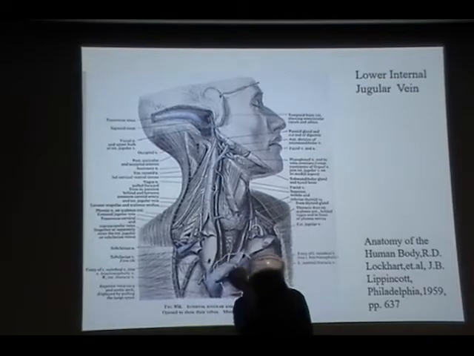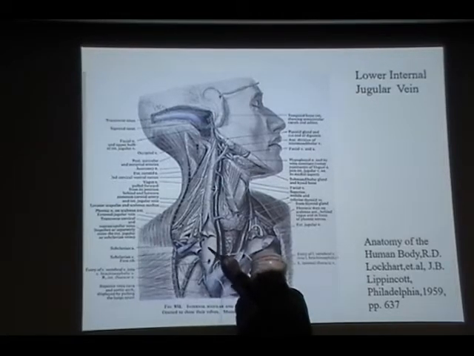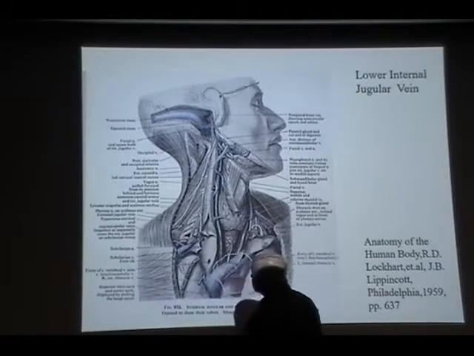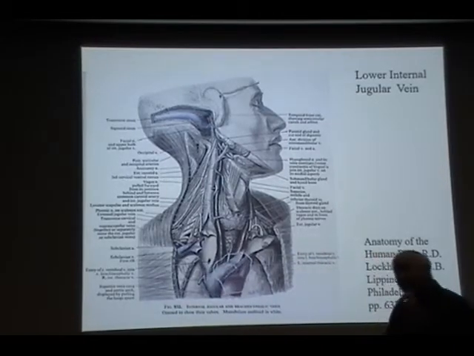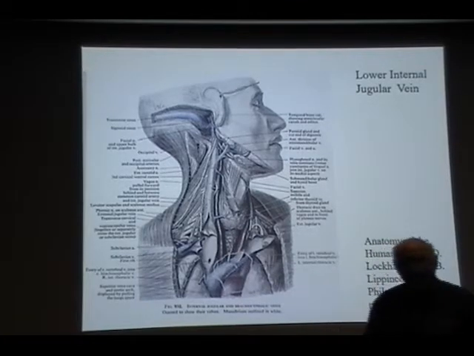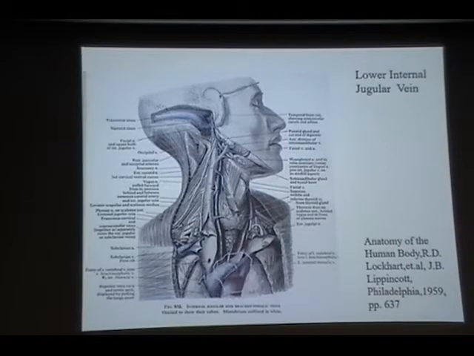Brachiocephalic here. Here's the subclavian draining into the internal jugular here and becoming the right brachiocephalic. So that's the first place that there is a valve that's going to prevent backflow.